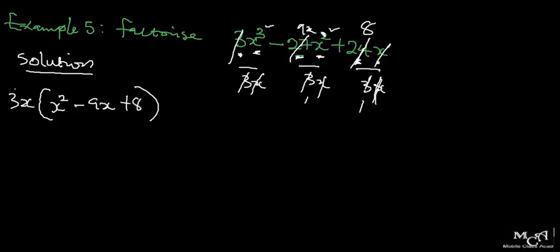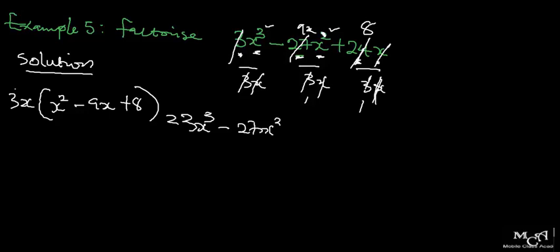Is that understood? When we multiply 3x with everything here, we are going to arrive at this equation. 3x times 3x raised to power 2 is going to give us 3x raised to power 3. Are you with me? 3x times minus 9x is going to give us minus 27x squared, right?